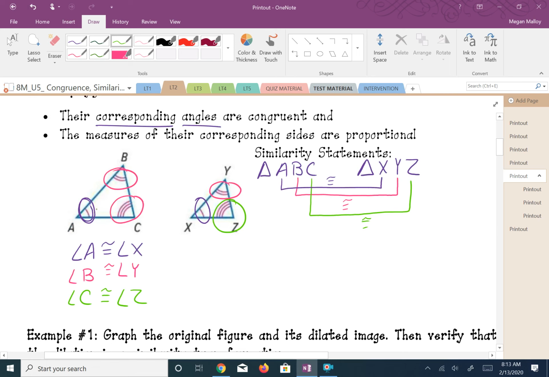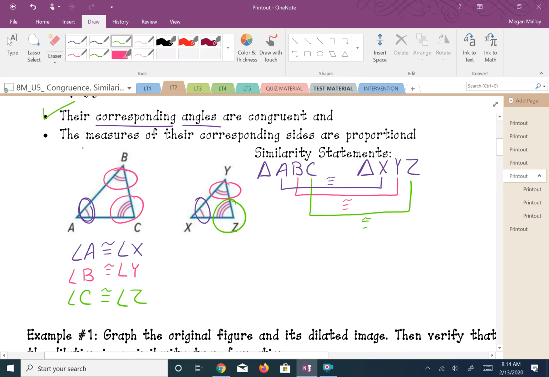It's either one arc, two arcs, or three arcs, and it matches with an angle in the second figure. So that would satisfy that the corresponding angles are congruent.